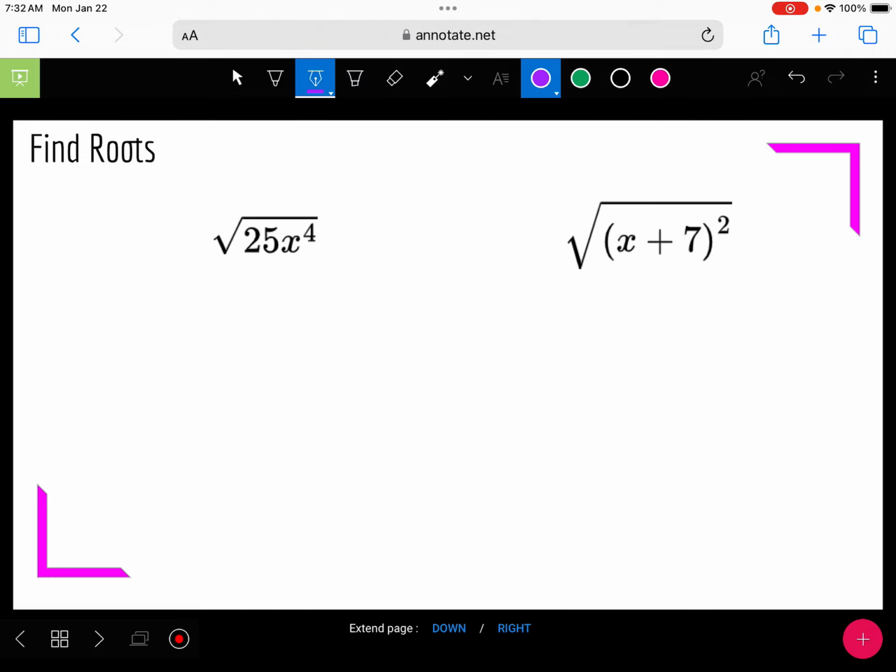Sweet. Just making sure we did have them. So we're going to start with the square root of 25x to the 4th.